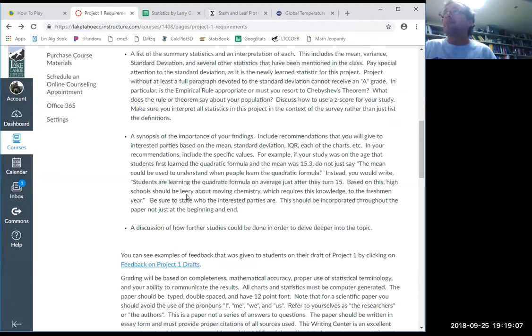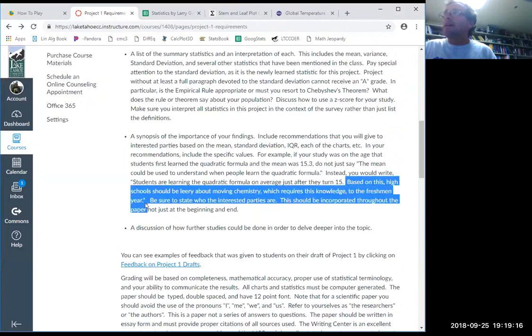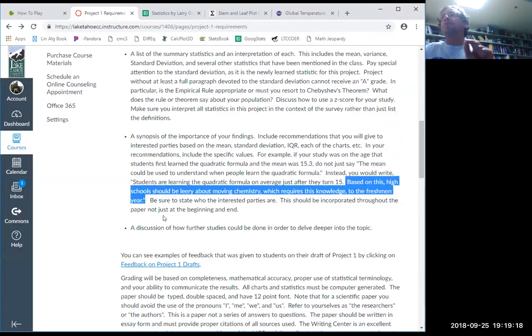Based on this, high schools should be leery about moving chemistry, which requires this knowledge, to the freshman year. So do you see that this statement could not have been said before you knew about the number 15.3? Does that make sense to you guys? So that's how you use your values.